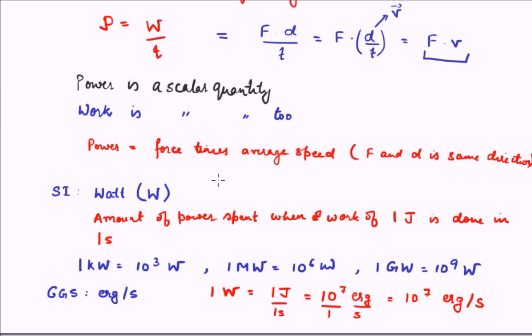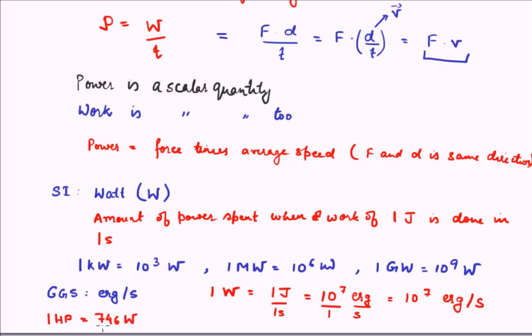There is a special unit of power which is specially used in engineering, and that is called a horsepower. It's not an SI unit, it's not a CGS unit, it's a special unit used in engineering backgrounds. 1 horsepower, represented as HP, is equivalent to 746 watt.